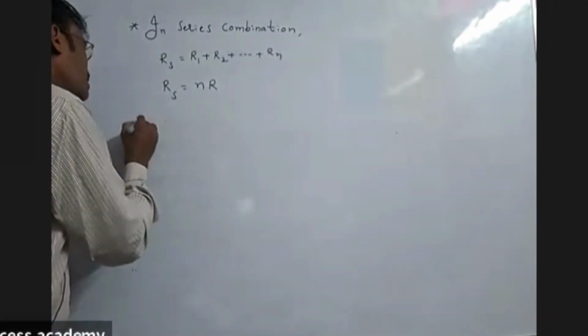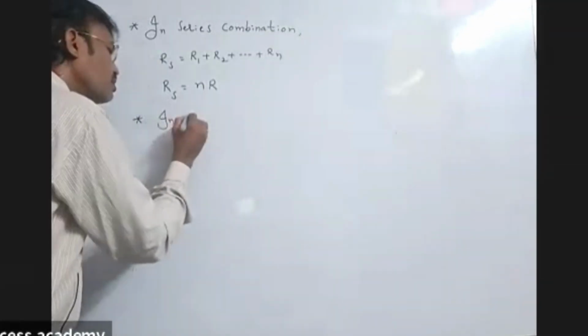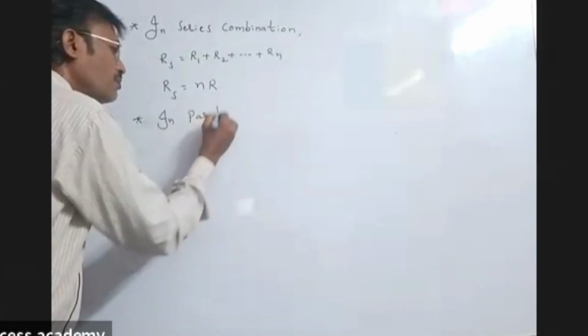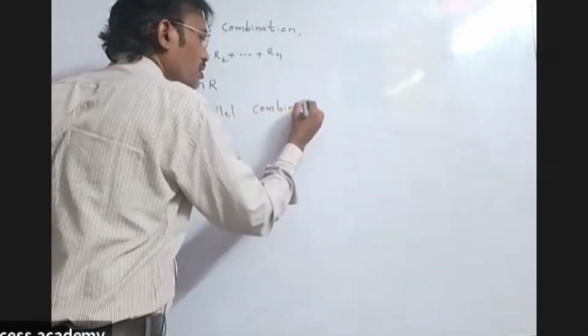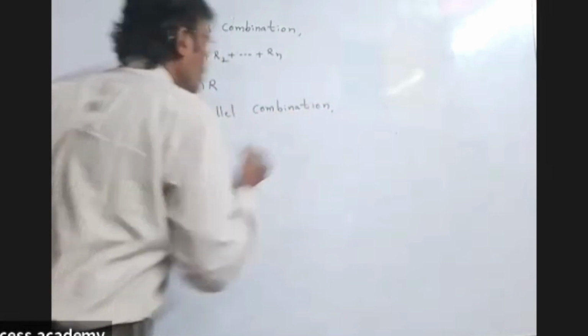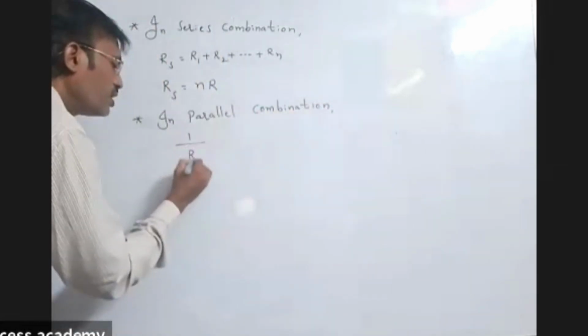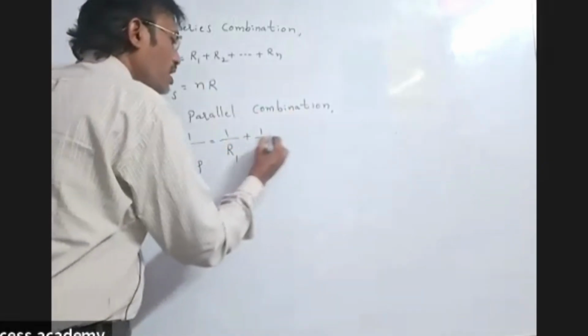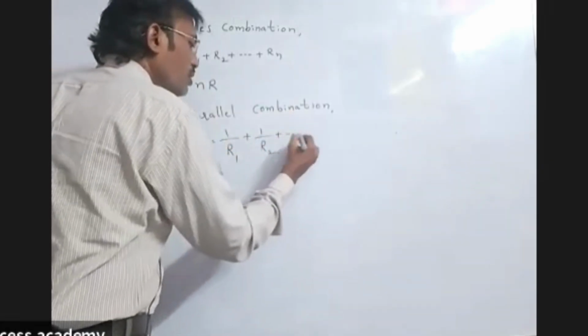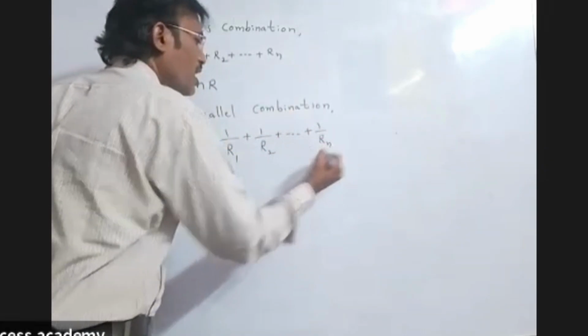In parallel combination, for calculating the equivalent resistance, 1 by Rp is equal to 1 by R1 plus 1 by R2 plus and so on plus 1 by Rn.